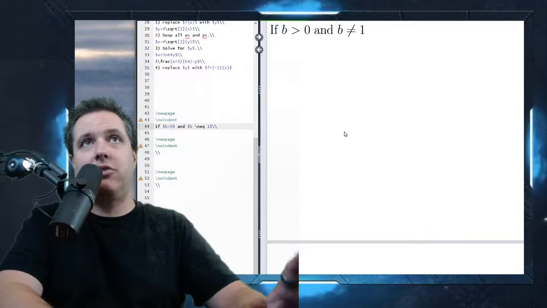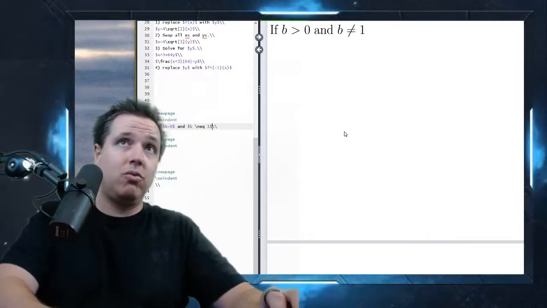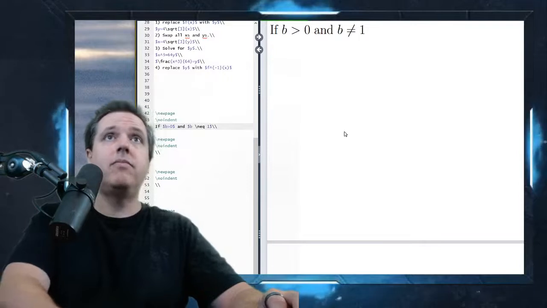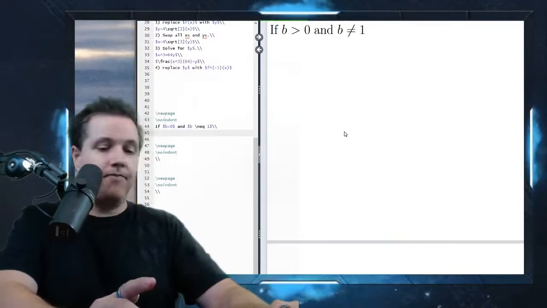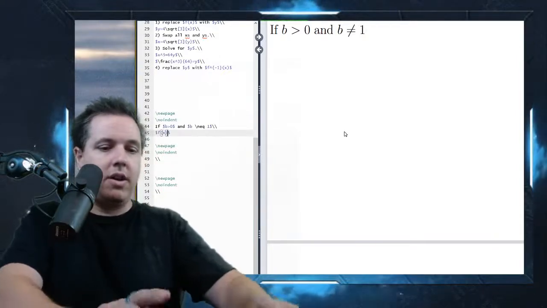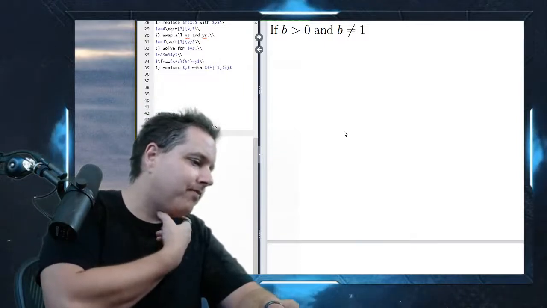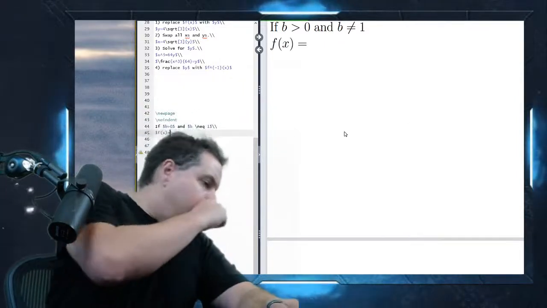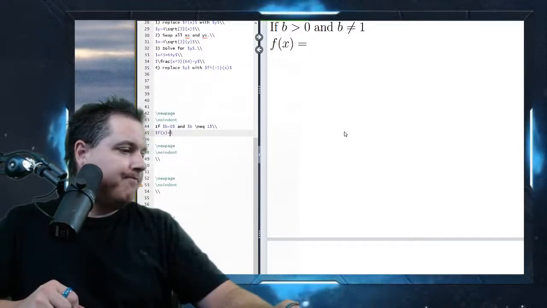So we have an exponential function. The base is greater than 0. It's not equal to 1. Then, let's see, f of x equal to... Actually, this is kind of a weird definition. This is not how it's usually written.